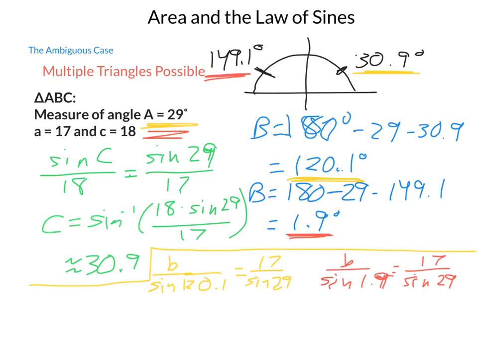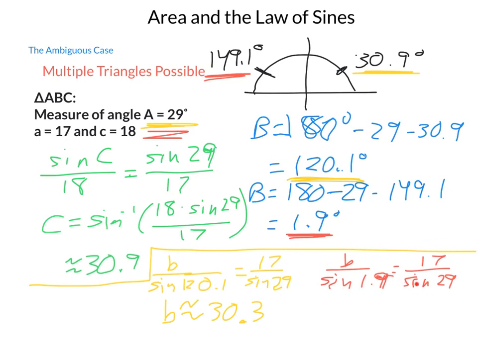Now running that computation, we come out with B being approximately equal to 30.3 units.